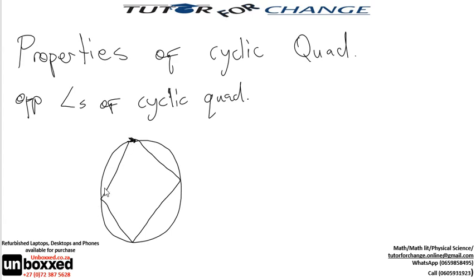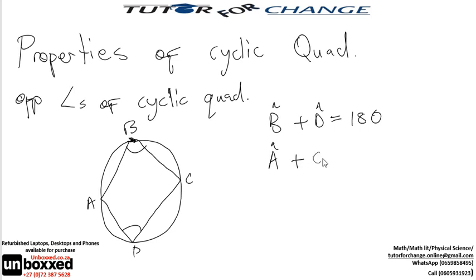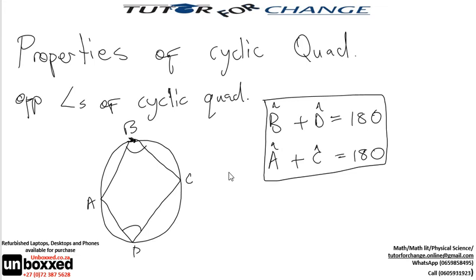Then let's name A, B, C, D. Opposite angles of a cyclic quad are supplementary. This means that angle B plus angle D should give me 180. Angle A and angle C should give me 180. That's what we have as our cyclic quad.